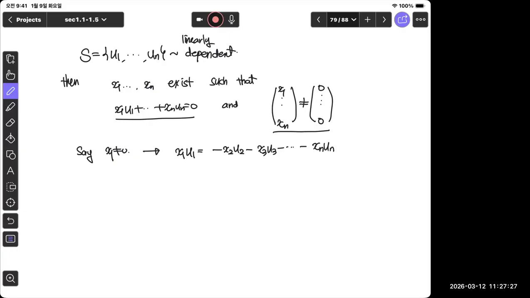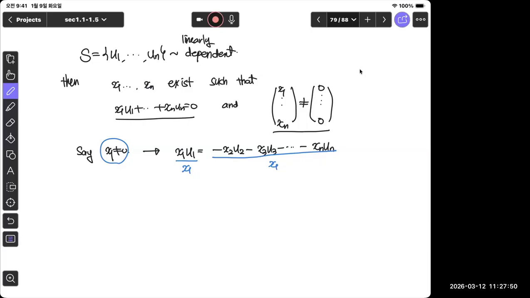Now, what if I divide this equation by x1? I can perform the division by x1 because x1 is not 0. If x1 were 0, then I cannot divide the equation by 0. But since x1 is assumed to be non-zero, I can divide the expression by x1.